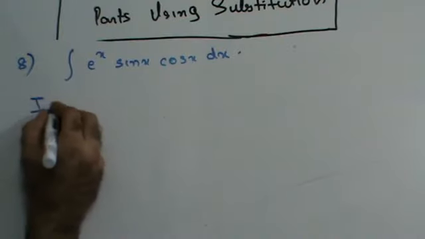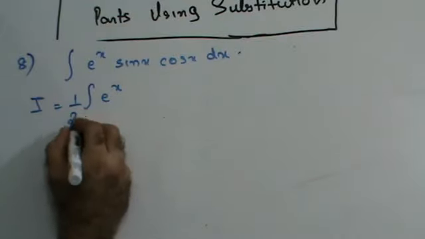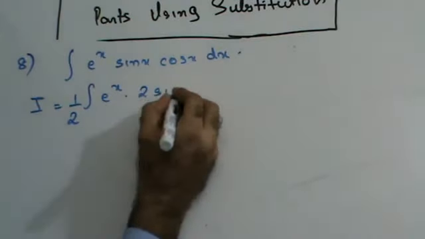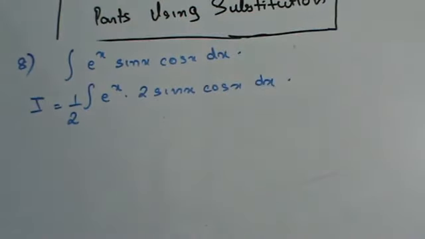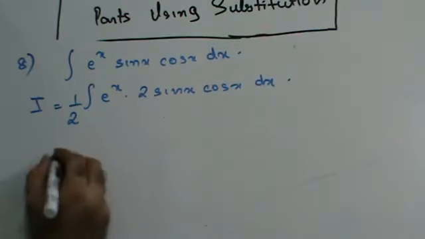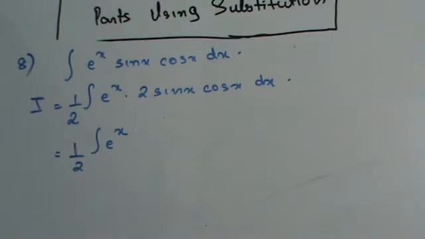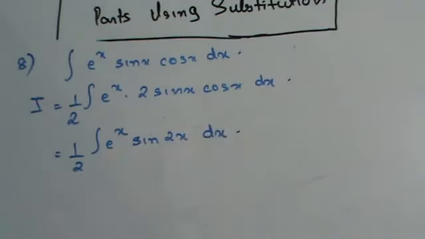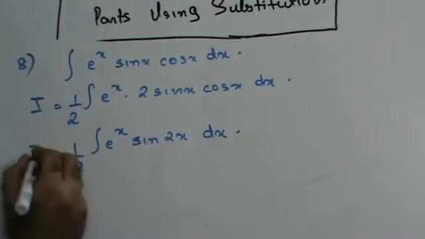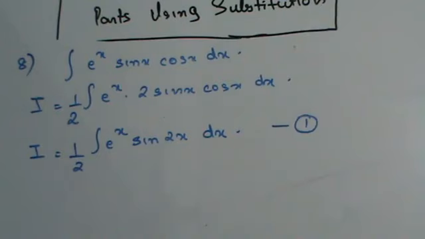I can say I is integral of e raised to x divided by 2, multiplied by 2 sin x cos x dx. This is 1 upon 2 integral of e raised to x into 2 sin x cos x, which by multiple angle is nothing but sin 2x dx. So I'll get I is equal to this. Call this equation 1 and leave this here.